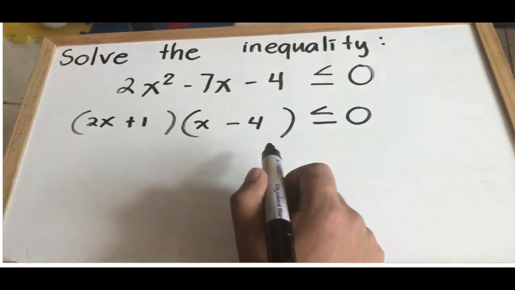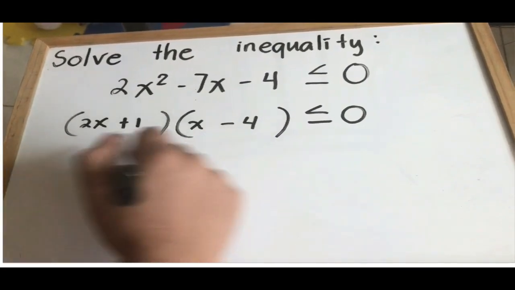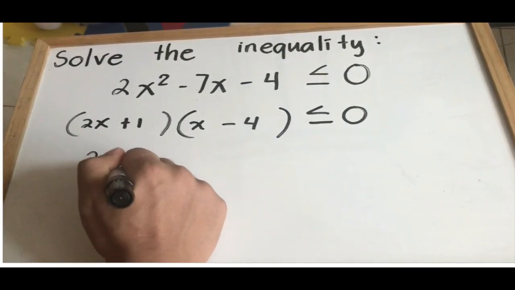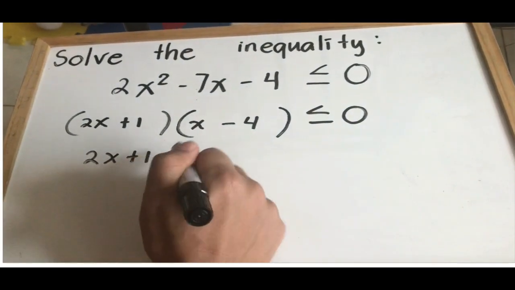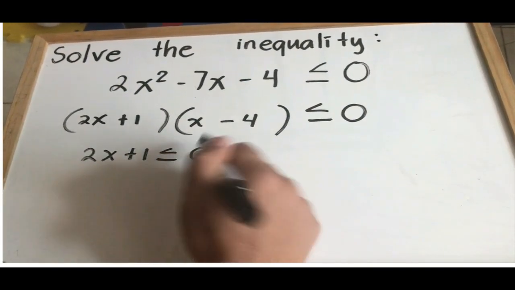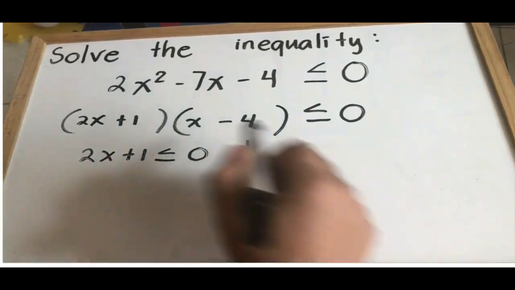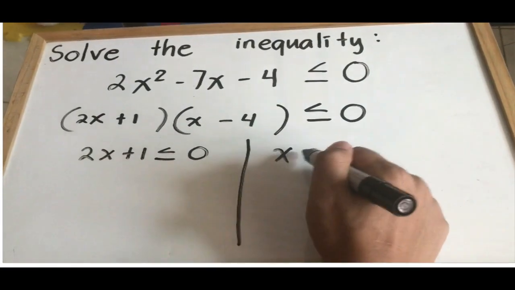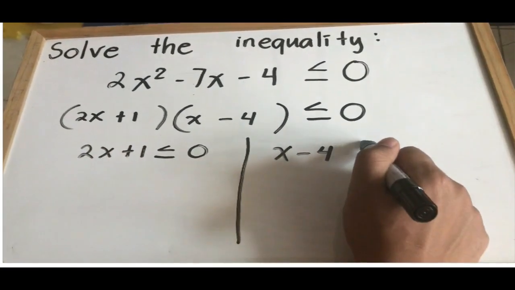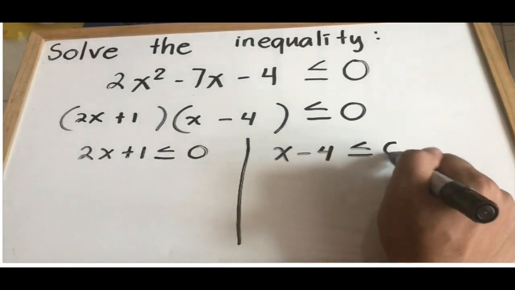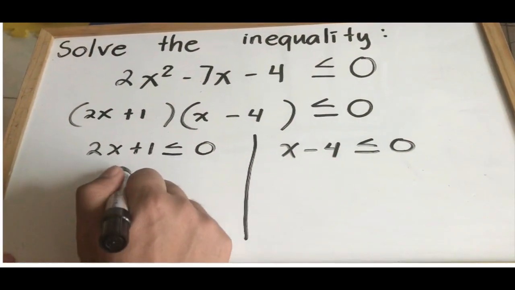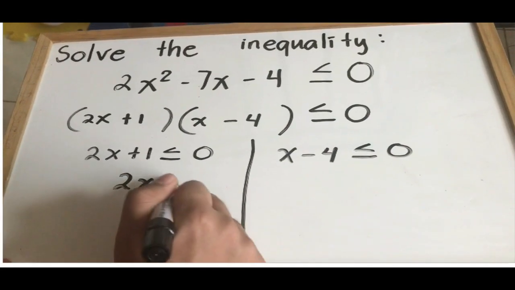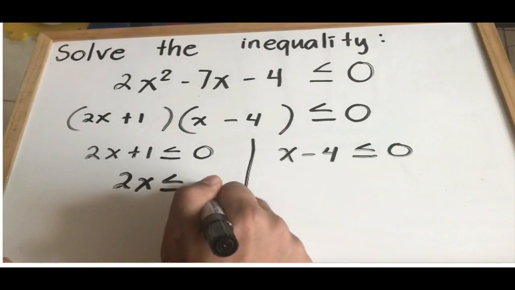Now let us solve for x. So we have 2x plus 1 less than or equal to 0 and x minus 4 less than or equal to 0. Transpose 1, 2x less than or equal to negative 1.